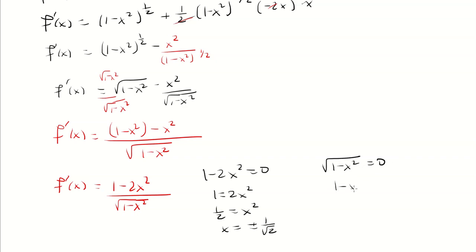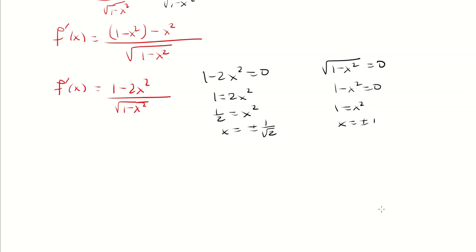This one we'll square both sides, add the x squared, square root, get x is plus or minus 1. So now we'll plot this on the number line. And then we'll just plug in different values.